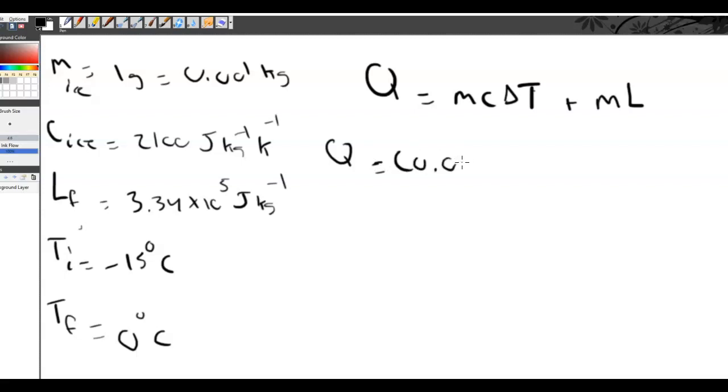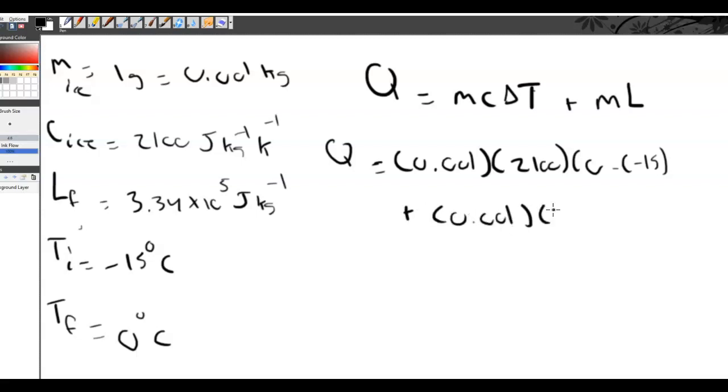This is the mass of the ice, so 1 gram converted to kilograms, times 2100. Delta T is going to be the final temperature minus the initial temperature. That's our mc delta T term, plus the mL term, which is 0.001 times 3.34 times 10 to the 5.